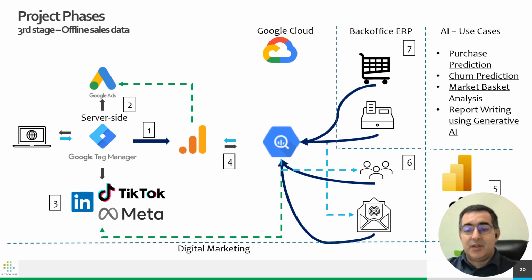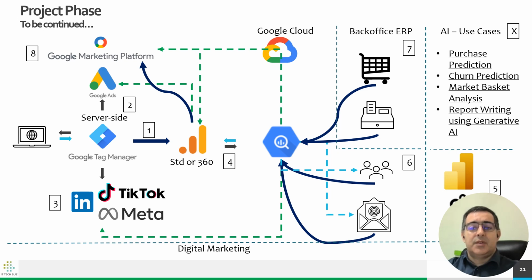If you have data there, you can go to purchase prediction, churn prediction, market basket analysis, and reporting using generative AI as well. So you can use this use case even on the second stage, or on the first stage, sorry. So this can be built and done.